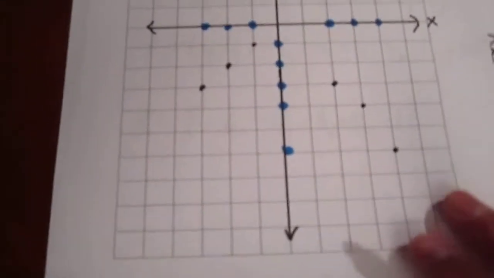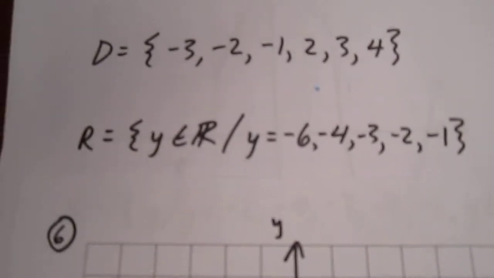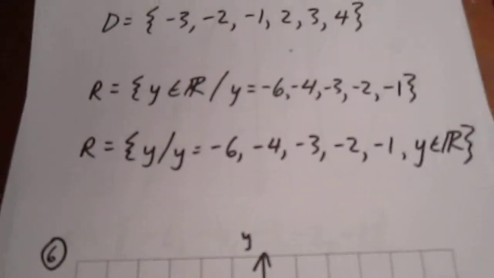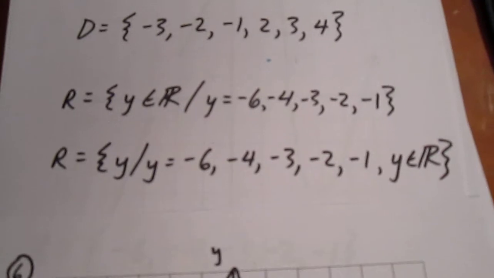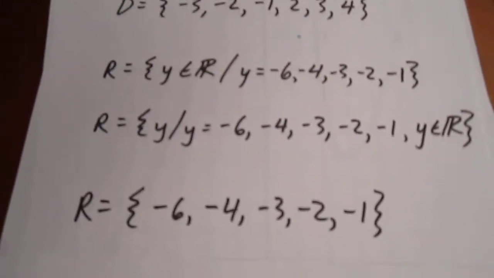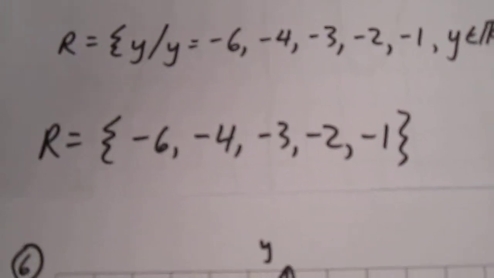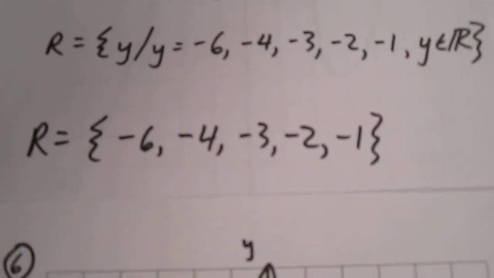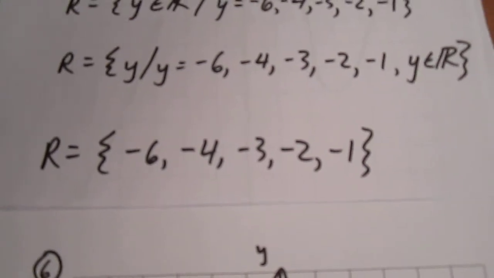So you can probably imagine now that our range can be stated in this redundant fashion or this redundant fashion, but it's perhaps best of all to say that the range is simply the set of these numbers, -6, -4, -3, -2, -1, and we put the least number first and proceeded to get greater numbers after that.